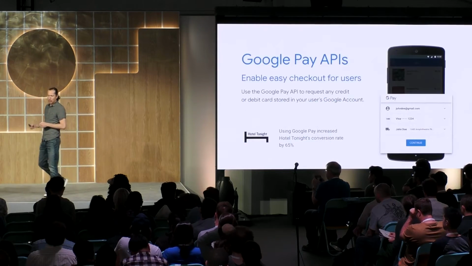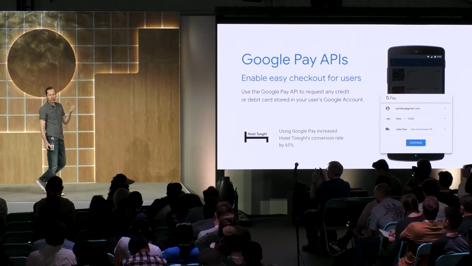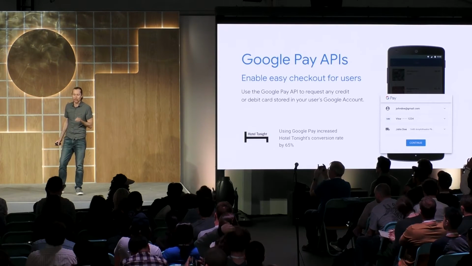So, what can we do? The best thing you can do to make payments easier in your application is integrate with the Google Pay APIs. They provide a seamless checkout experience for users, and they are the best way to get your users checked out. So how does that work? You basically integrate with Google Pay APIs. You have a Google Pay button in your app.